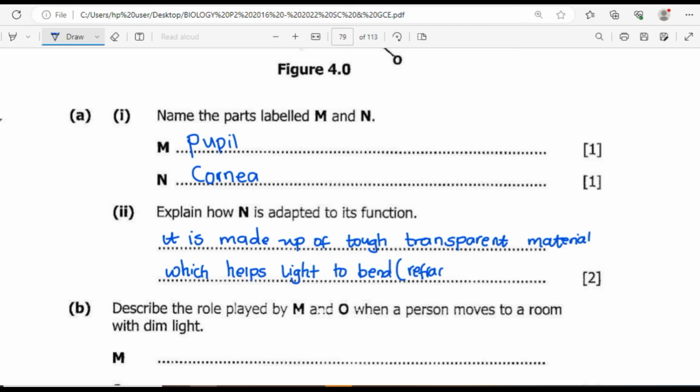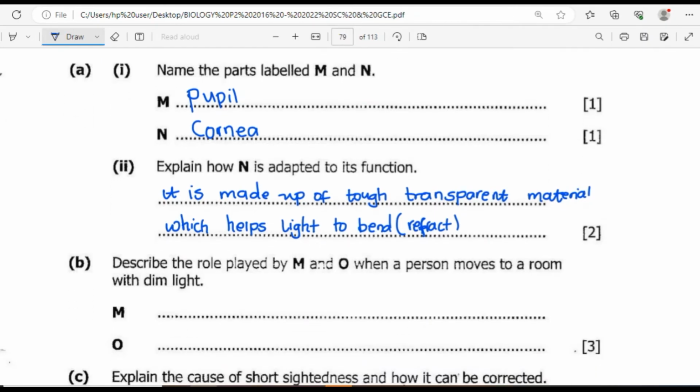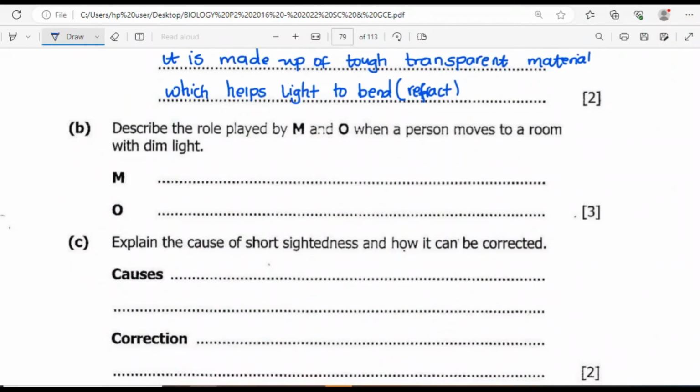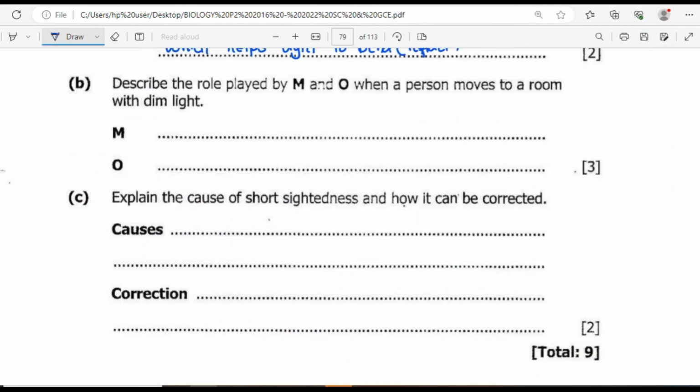For us, or maybe animals, to have an image, light must bend. That's why we have the lens. If you look at science, a lens is any object that helps light to bend, and because of that an image is formed.